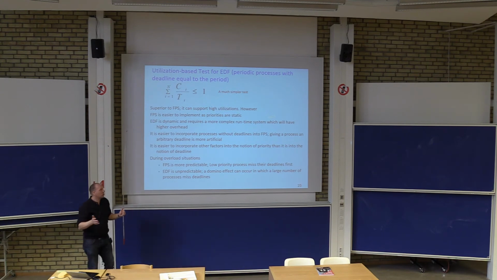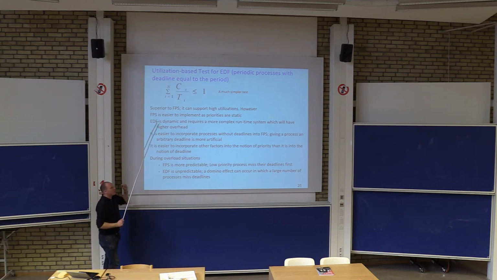Okay? So compare this to the criteria we had before, the Liu-Layland criteria, for the rate when you had the fixed priorities. Then you had this bound that it should be less than 69% if the n was very large, right? So that means that you will not use the processor for 31% of the time, if you would like to know that you are guaranteed to meet the deadlines.